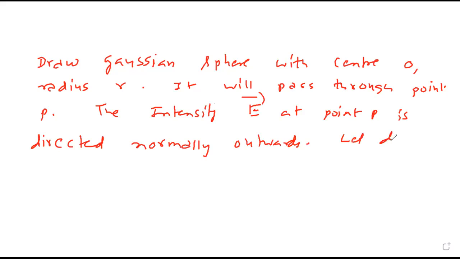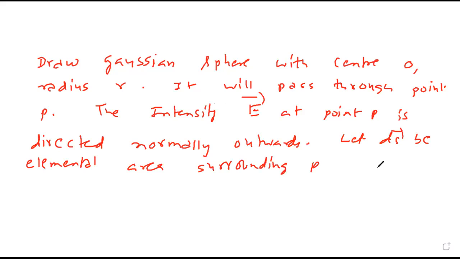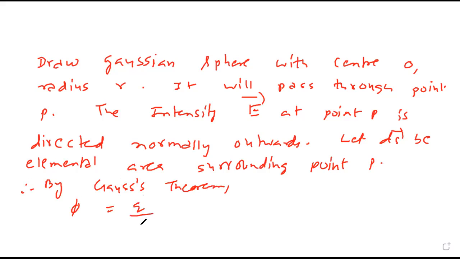Let dS bar be the elemental area surrounding point P. Therefore, by Gauss's theorem, phi is q inside upon epsilon naught, which is the integral of E bar dot dS bar over the pure surface. Now copy till this.